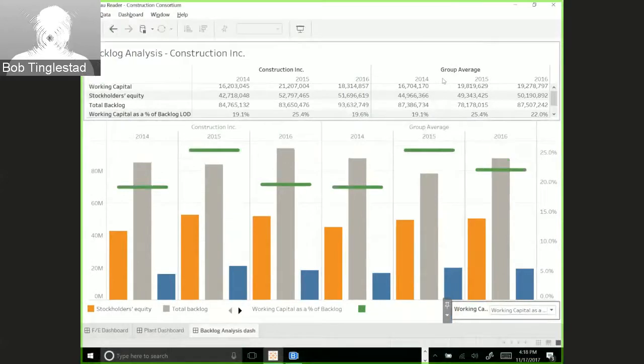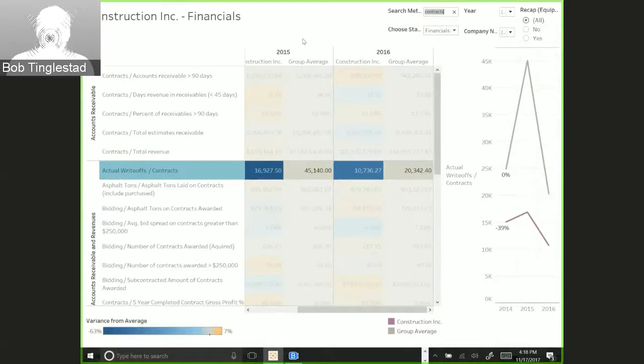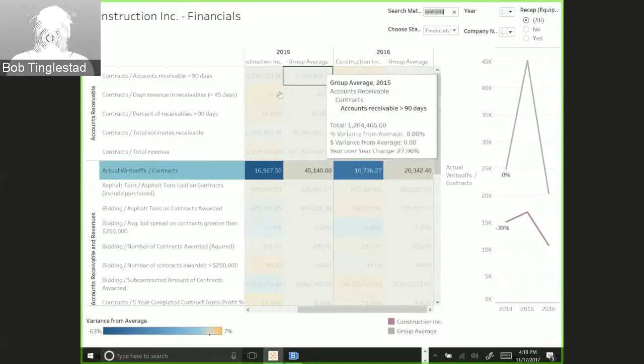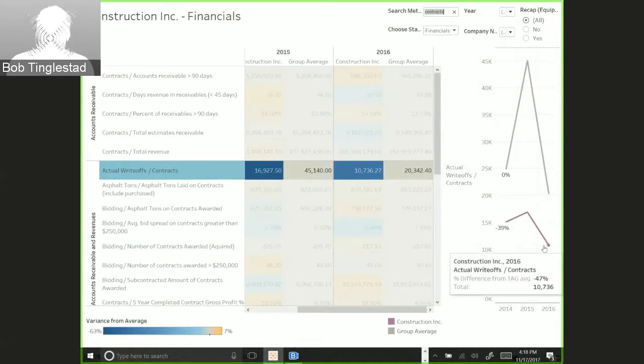Now I'm going to switch over to the financial dashboard, continuing to play the role of the CFO of Construction Inc. Last time when I was in that same board meeting, I was asked, how are we doing on write-offs? I've heard our write-offs are around 10K per contract, and that didn't feel right. I was able to quickly pull this up by searching contracts and highlighting that metric, and we could see with these quick line charts that our write-offs per contract are actually improving.